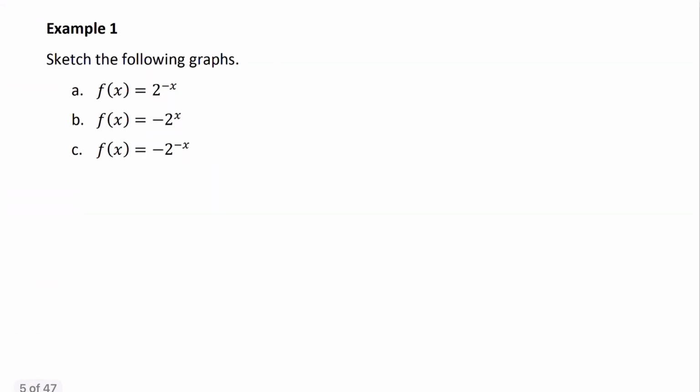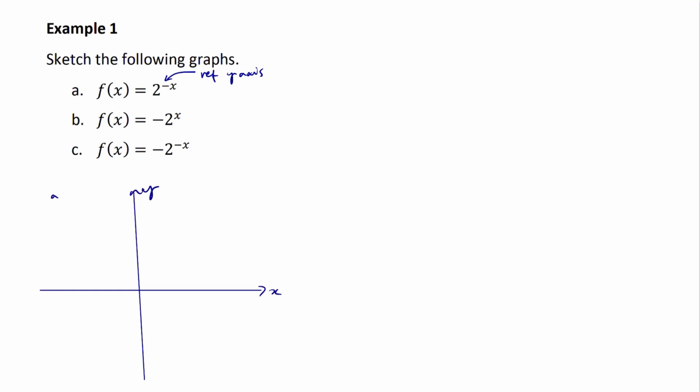So what we're going to now do is apply our first type of transformations, which are reflections. So if we have a look at part A, exactly what we've done in our last topic, when the negative is on the inside, that's going to be a reflection in the y-axis. So we'll draw up a nice axis here.